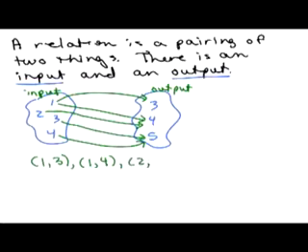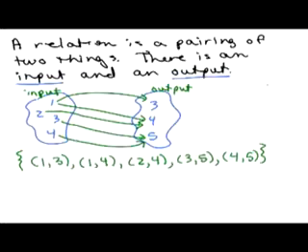So here's another ordered pair, 2, 4. I have this other ordered pair, 3, 5. And let's say I have an ordered pair, 4, 5. So notice I have 4 lines here, so there should be 4 pairs, and this is another way of showing this relation. And we could write that as a set, so we could use braces.